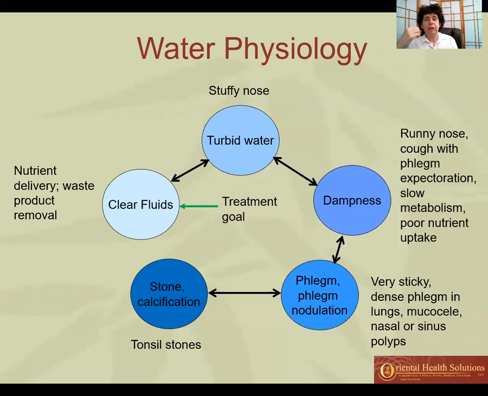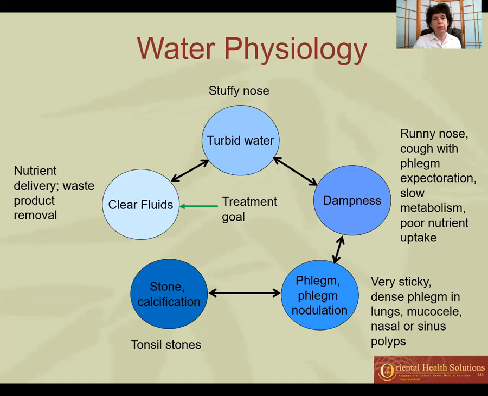If it's already progressed to a little hard tumor, like a cyst or a nodule, there could be nasal or sinus polyps. And then if the phlegm is not treated at this phase, then the phlegm can turn into a stone or calcification seen from a respiratory aspect, seen in tonsil stones. So those are just some things to think about.